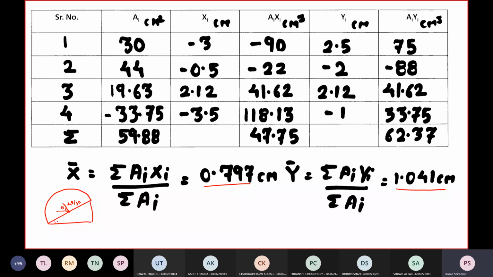This is 3 and this is 4, so this will be tan inverse of 3 by 4, which is 36.86. So theta will be 90 minus 36.86. So you got the angle on the side. Resolve it and add this distance.